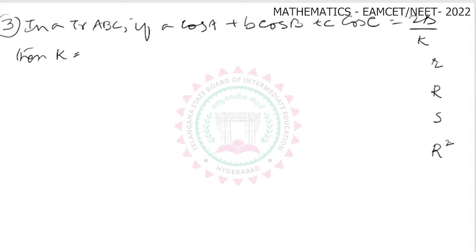What is the question? a cos A plus b cos B plus c cos C is equal to 2 delta by k. I have to find the value of k.